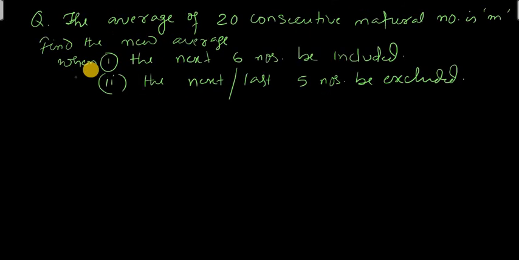Now a question: the average of 20 consecutive natural numbers is m.